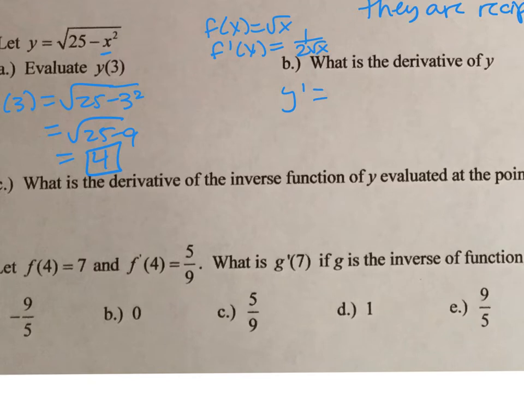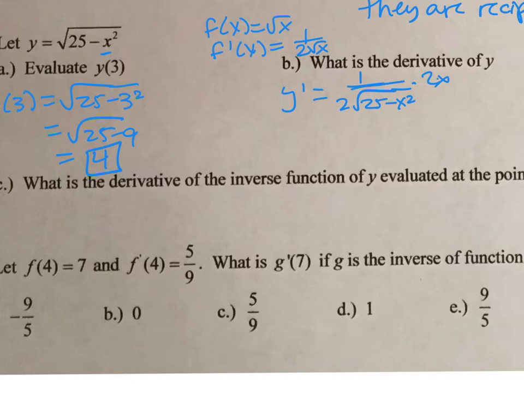So we're going to use that property, but in this case we're going to have to use the chain rule. y prime would be 1 over 2 times the square root of 25 minus x squared. But since we have a function underneath the radical, we're going to have to use the chain rule and take the derivative of the inside. The derivative of 25 minus x squared would be negative 2x.